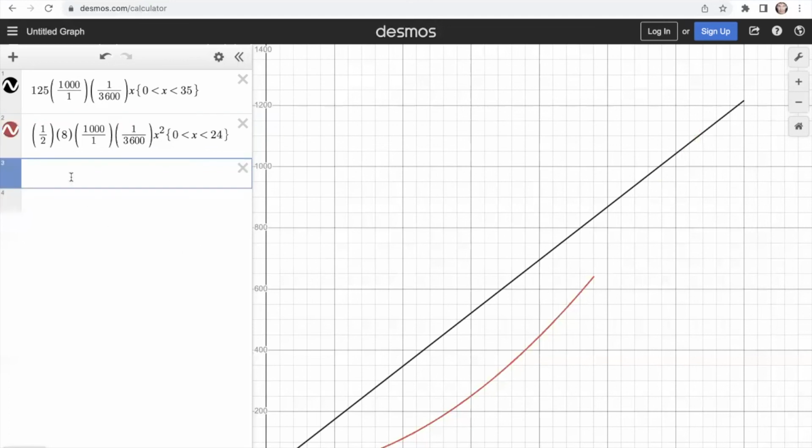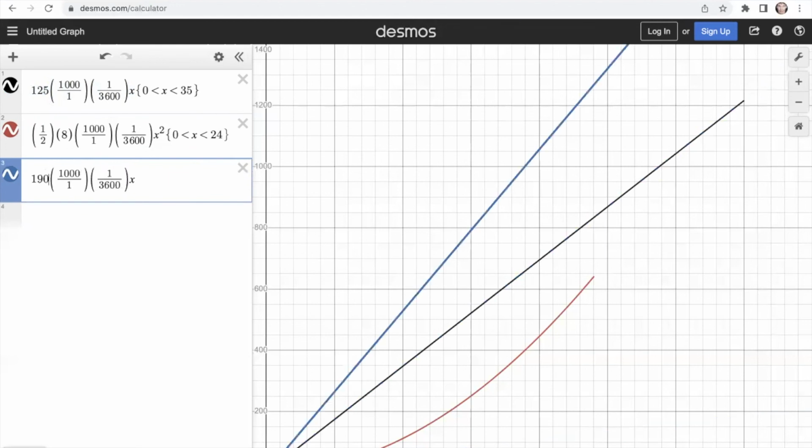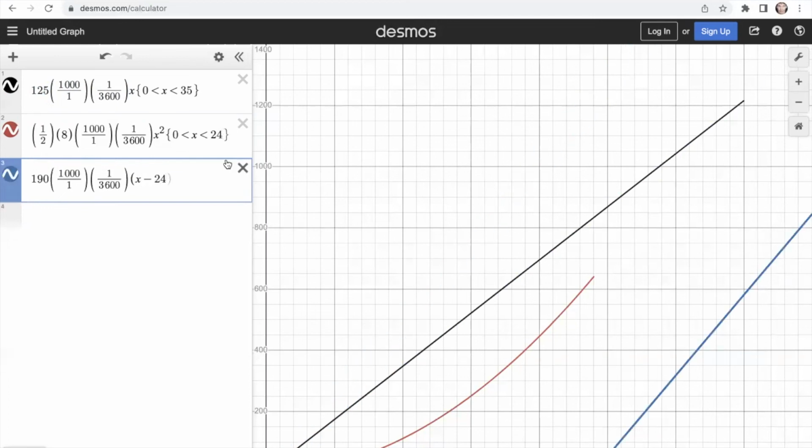And then finally, it was going at its max speed. So that would be like this, except the speed that the police officer was 190. However, it didn't start that speed at 0. It started that speed after this time here. So I would shift that over 24 like that.